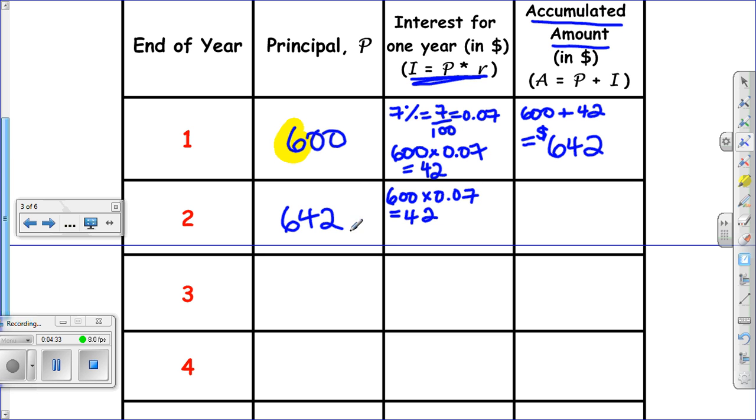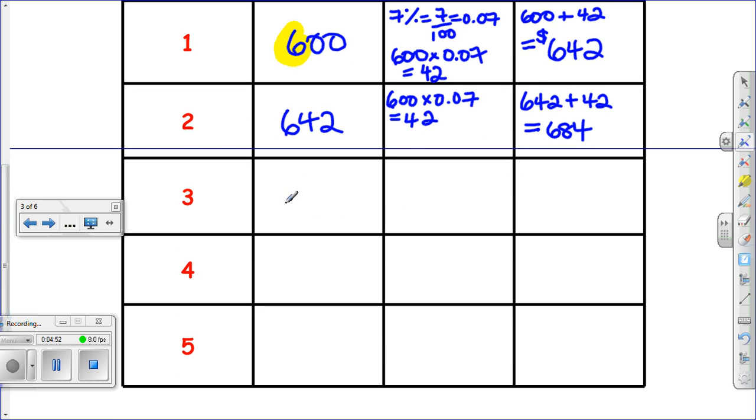So even though she now has more money in there, she's still getting interest calculated on the initial 600. So again, it's going to be $42. Her amount is going to be the 642 she had, plus the new interest for that year, for a total of $684. Okay, year 3, she now has $684.